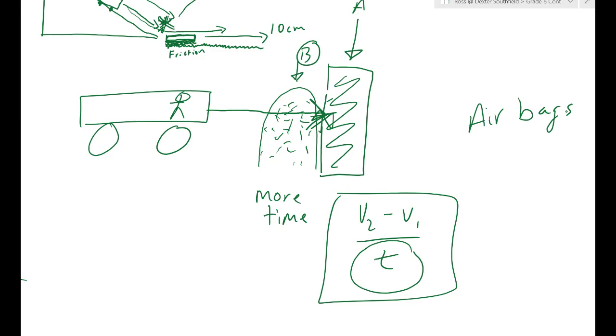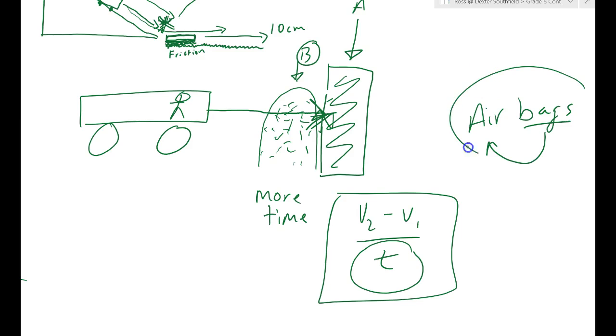But as you are then slamming into that airbag, that literally bag filled with air, that is increasing the time that it takes for you to come to a complete stop, and hopefully you hit the bag full of air rather than hitting that hard circular wheel that is in front of you, because it's much nicer to be stopped by a bag of air that takes you longer to decelerate than it is to slam into a steering wheel.